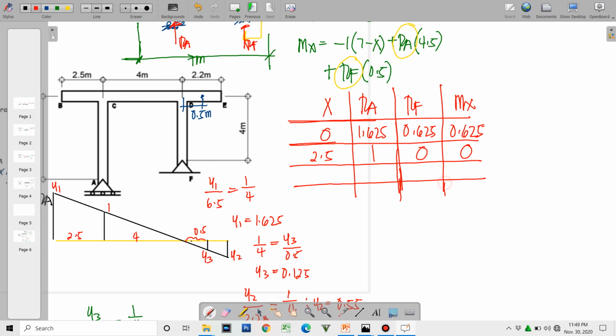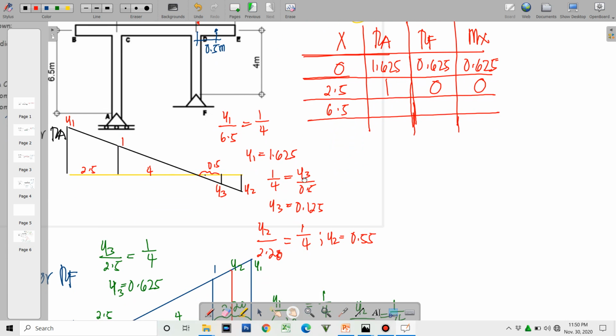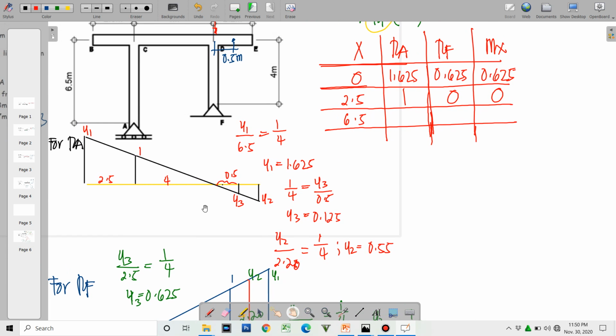So next we are going to transfer our unit load on D. Okay. So transferring our unit load on D, this is the unit load. That would yield to 6.5, a distance 6.5 from B, so that our RE, how much is RE?